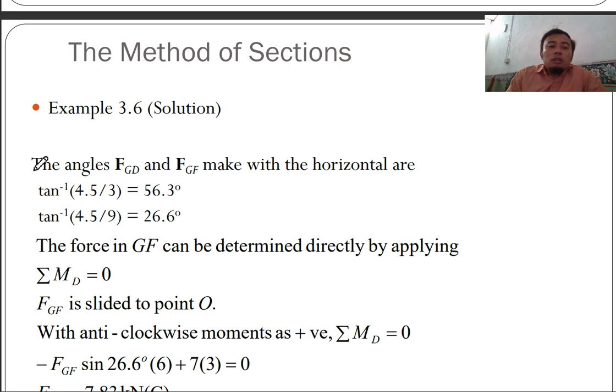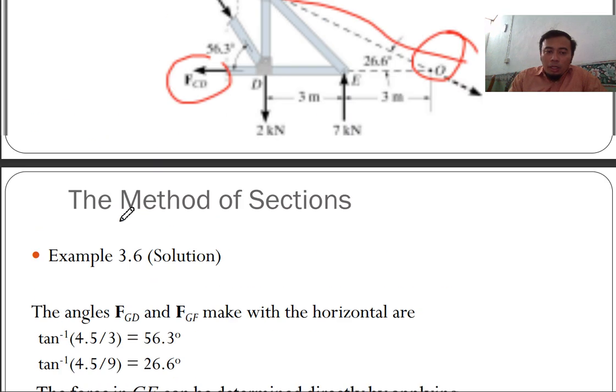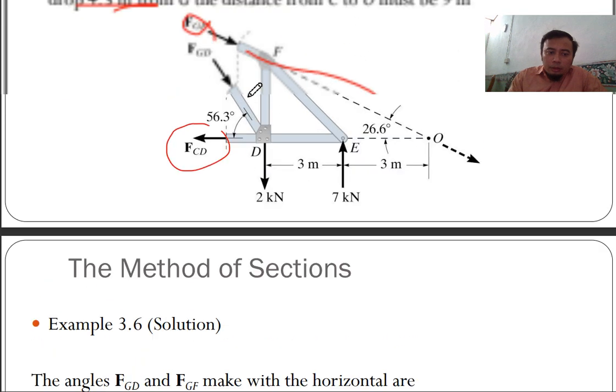So continue, and the angles that GD and FGF make with the horizontal are inverse tangent of 4.5 divided by 3, and inverse tangent of 4.5 divided by 9. So your FGD and FGF.